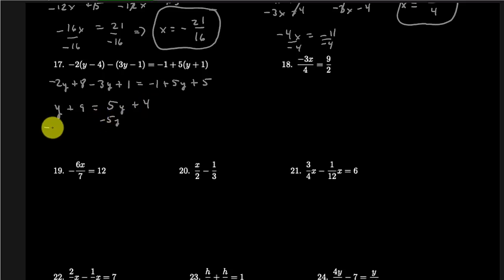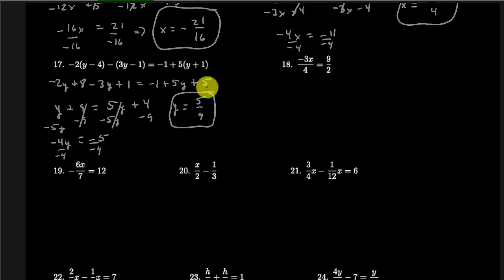Let's subtract 5y to both sides. Let's subtract 9 to both sides. The 5y's cancel, the 9's cancel. We are left with negative 4y is equal to negative 5. Divide everything by negative 4. That's going to give us y equals 5 over 9. And there's your answer.